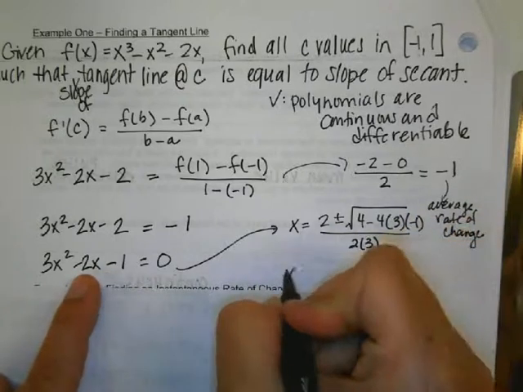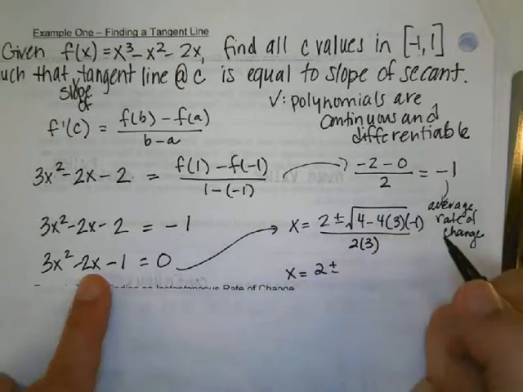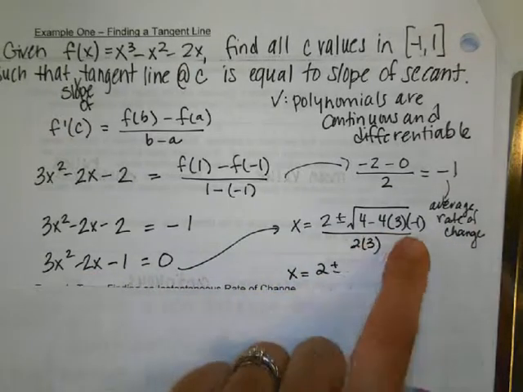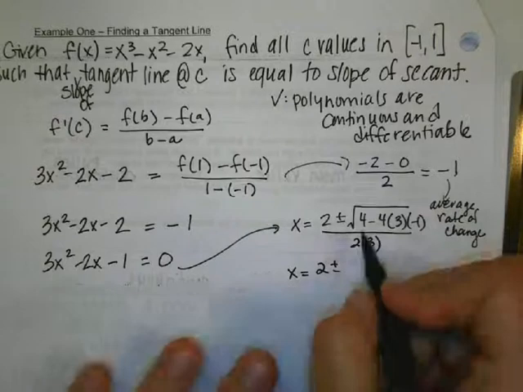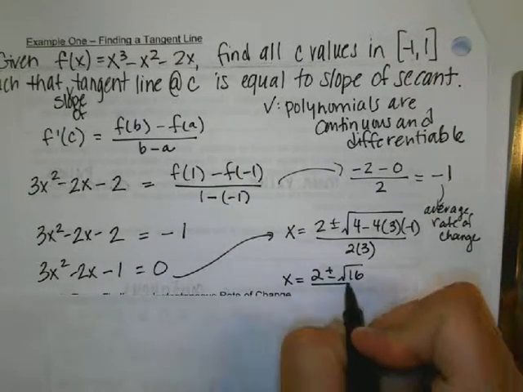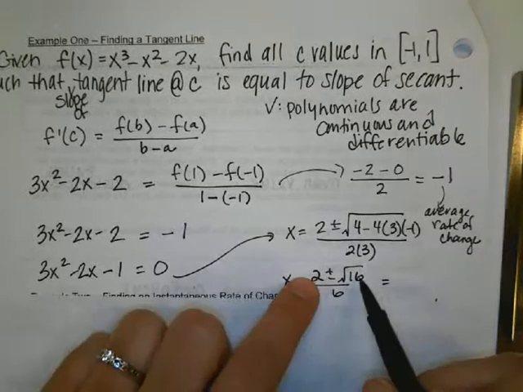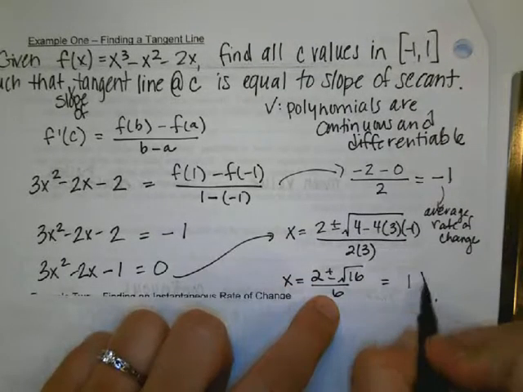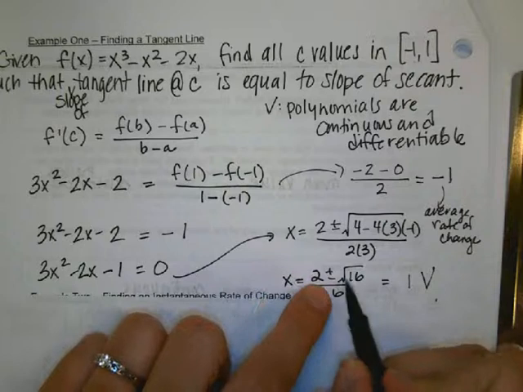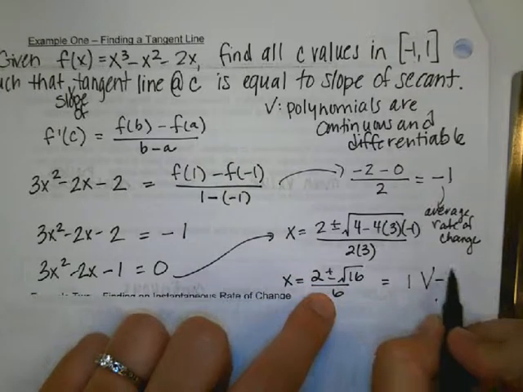So we get 2 plus or minus 4 plus 12, so 16 over 6. So I get 2 plus 4 divided by 6, which is 1, and 2 minus 4 divided by 6, which is -1/3.